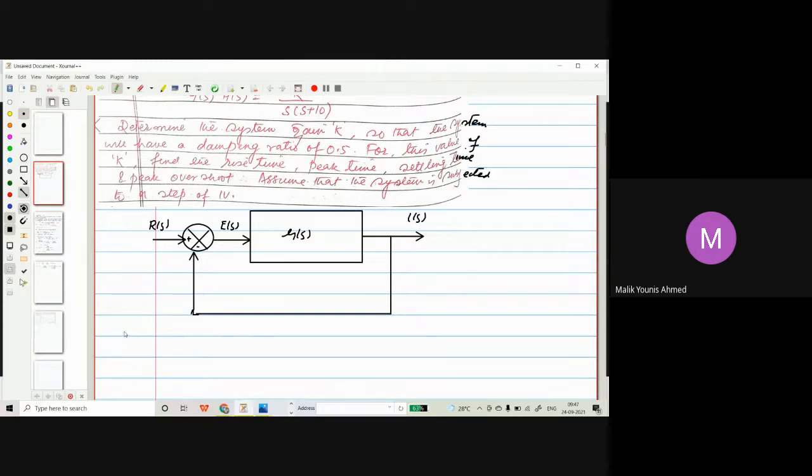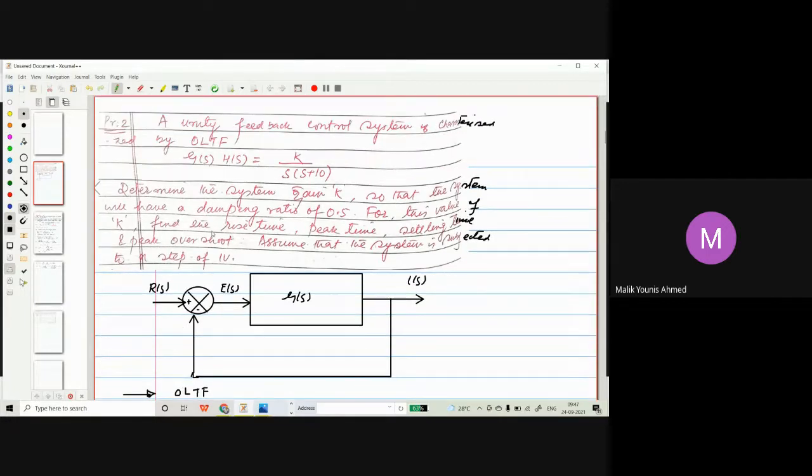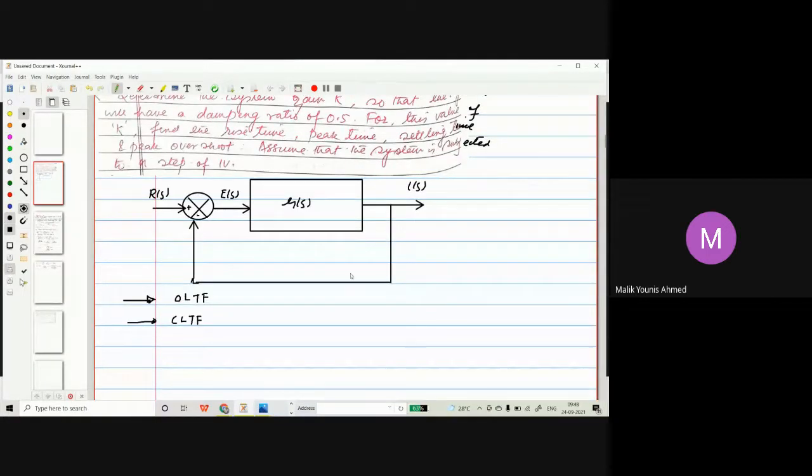Now, in case of a unity feedback system, how do we refer to it? Sometimes in a question, they will tell you the open loop transfer function and the closed loop transfer function. Roll number 1, can you explain what you mean by open loop transfer function? See, the question here says open loop transfer function, but actually it's a closed loop.